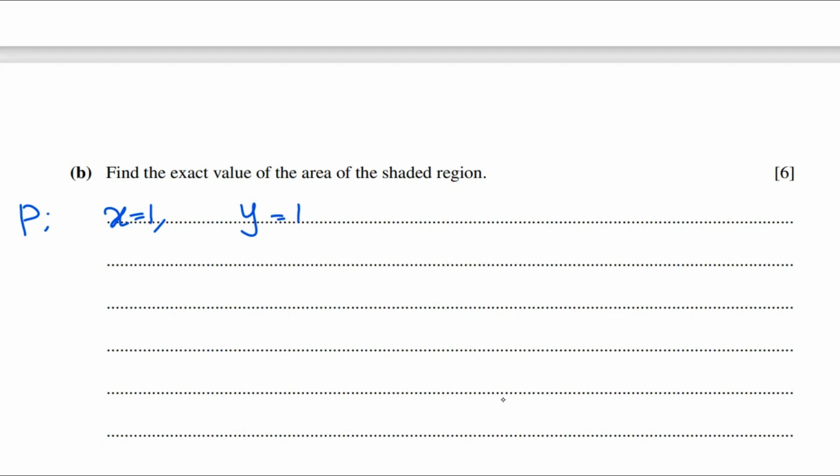Y is equal to 1 plus 2 divided by (2 times 1 minus 1) the whole square. 2 times 1 minus 1 will be 1 square, which is 1. So 1 plus 2 will be 3. So P is (1, 3).